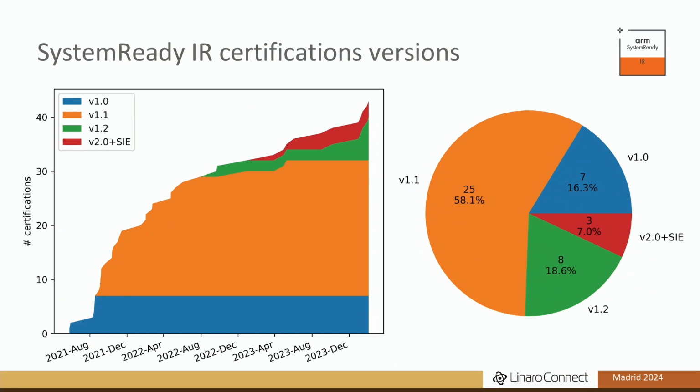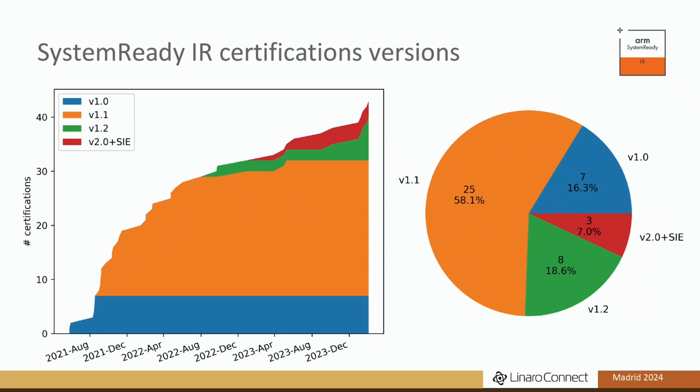And we can see the version 2.0 starting to appear, with the security extension, actually. Also, we have 2.1 certification being tested as we speak, and which should be due very soon.